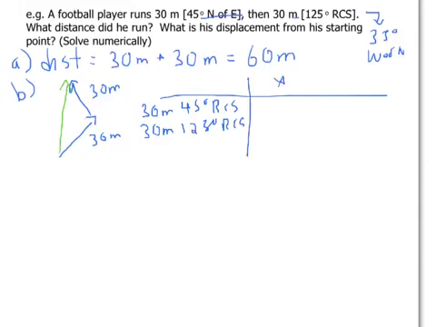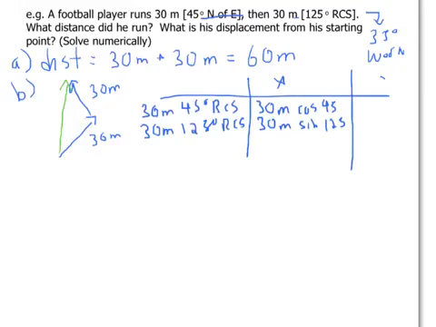The x component of both of these vectors is simply the cosine value multiplied by the distance. So 30 meters cos 45, and this one is 30 meters cos 125.